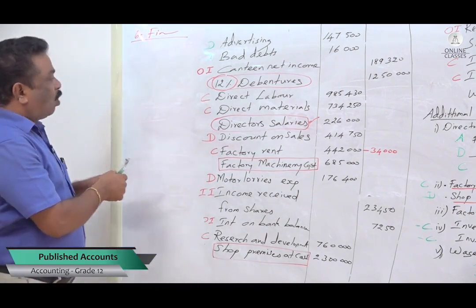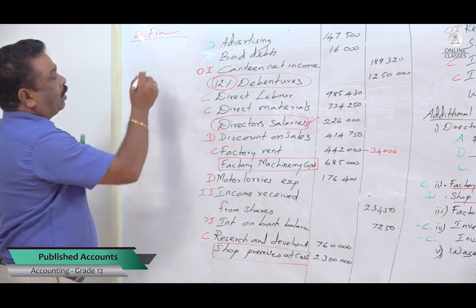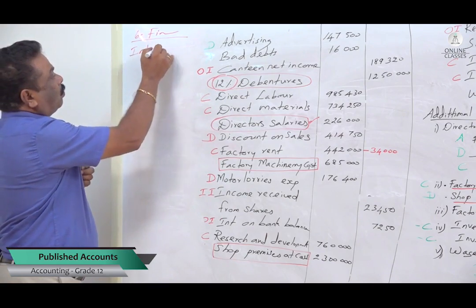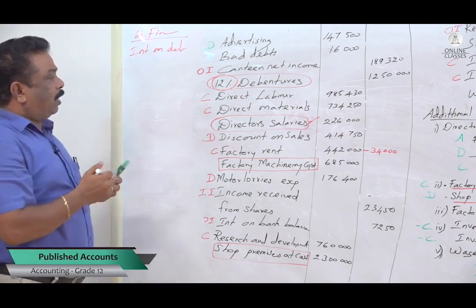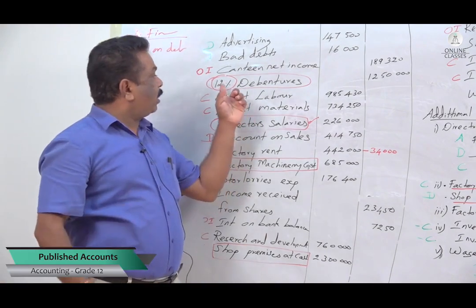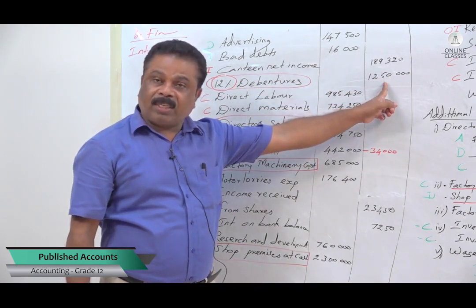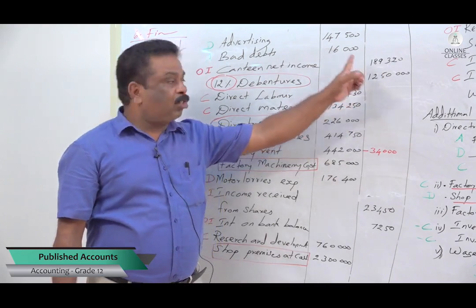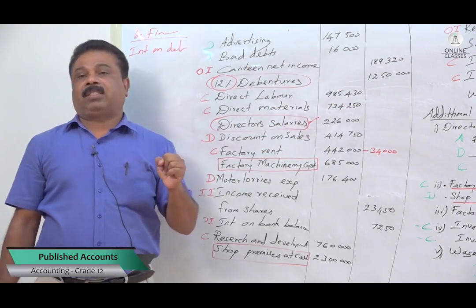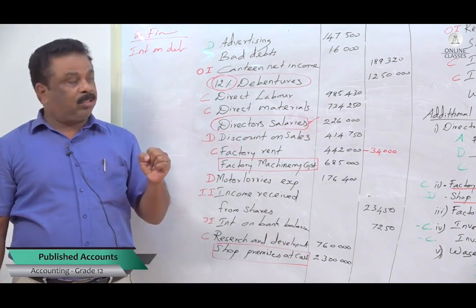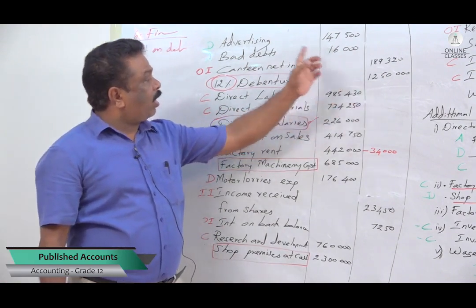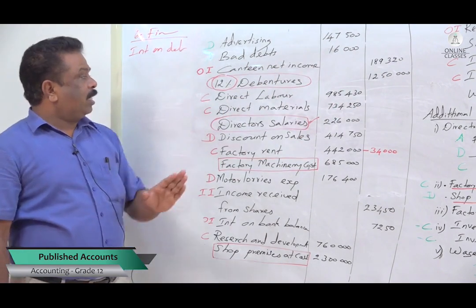So under finance cost, what will come in this question is interest on debentures. You can calculate interest on debentures: 1,250,000 is the debentures amount, into 12%. When you calculate, you will get the interest on debentures.